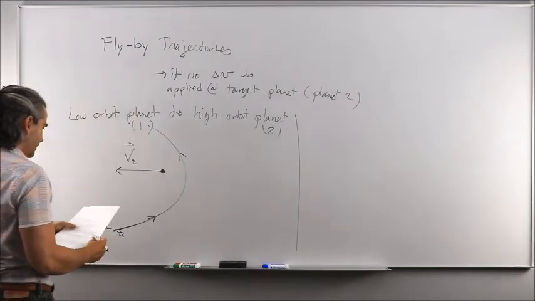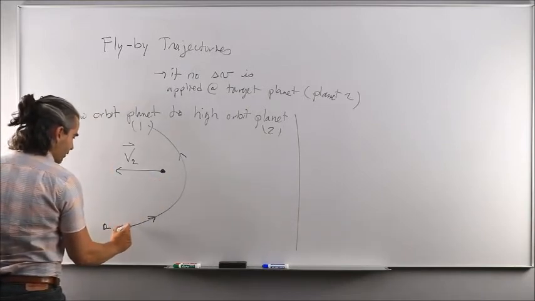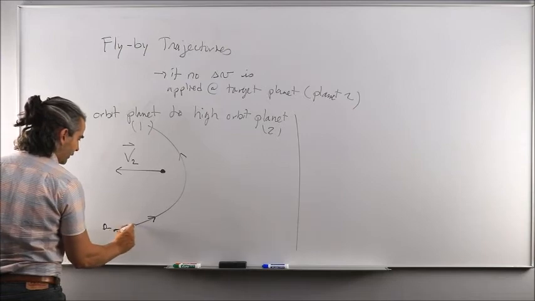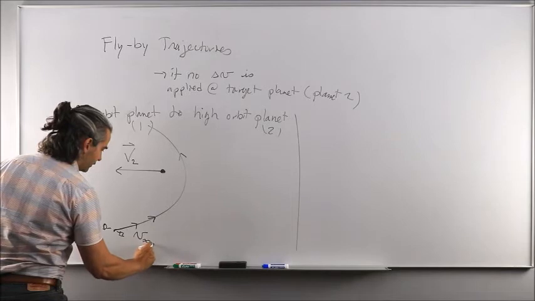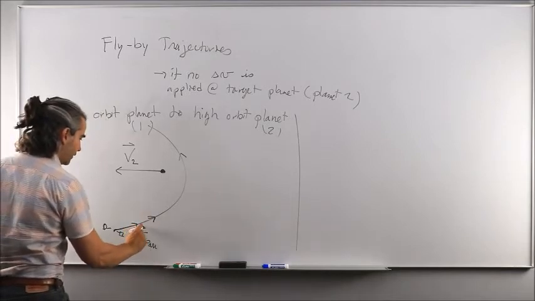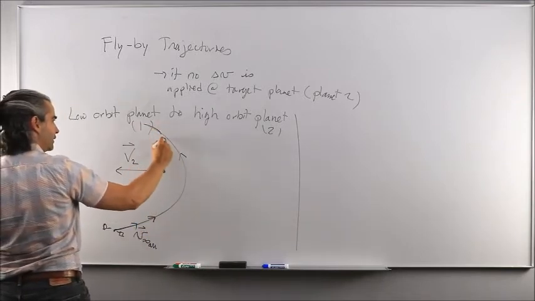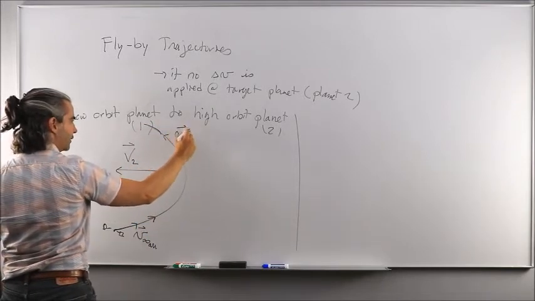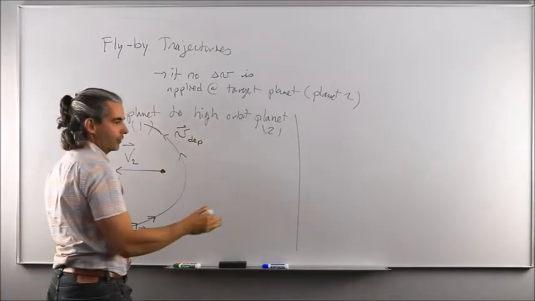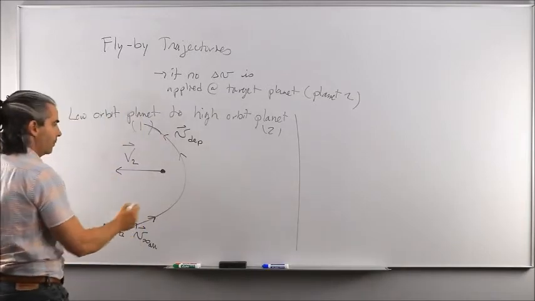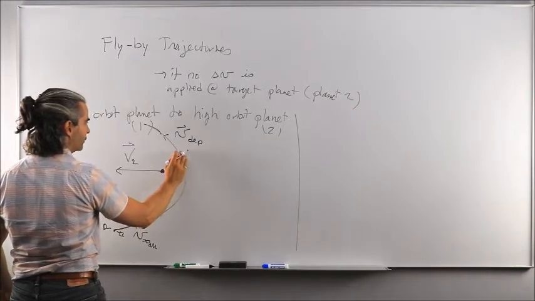If that's the case, then what's going to happen is that you have some V infinity, let's say, arrival at the planet here, and then you would exit with the same velocity here that we're going to denote V departure, but that's not V departure from the home planet. This is V departure upon exiting the sphere of influence of planet 2.